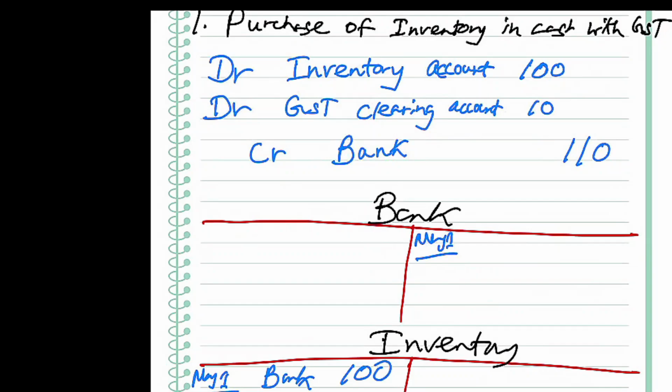So what you have learned is, you would say inventory. Instead of and, we would say slash GST clearing. How much? 100.